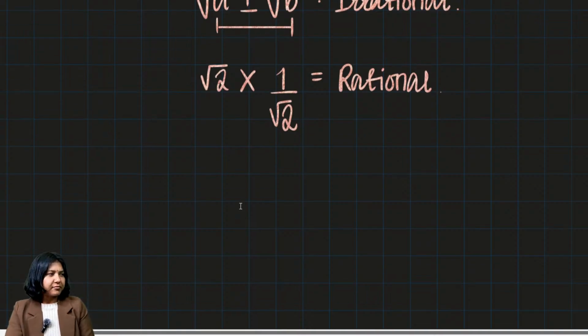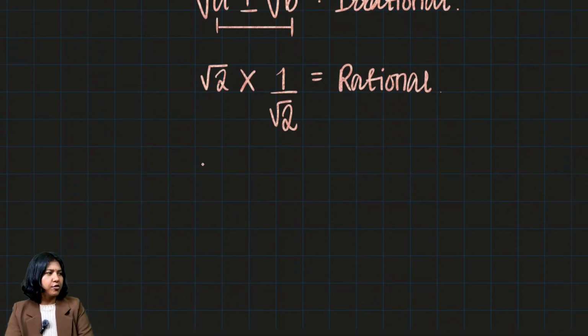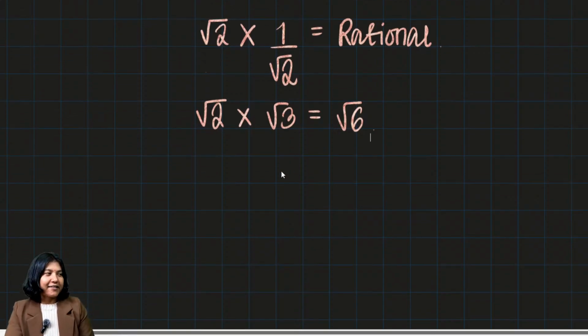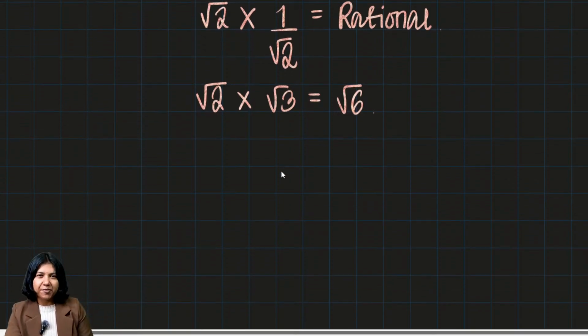Similarly, think about taking two irrational numbers like square root 2 times square root 3. Then obviously the answer has to be square root 6. Why? Because it comes from the properties of exponents. For those of you who don't know that square roots can be written as powers, think about square roots as the opposite of squares.